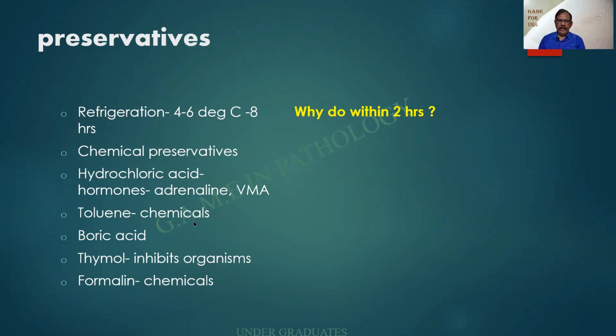Toluene for chemicals. Boric acid. Thymol, it inhibits the growth of organisms. And formalin for all chemicals. So this will be the list of preservatives you people should know, and I've also written it in my record. And why should you do it within 2 hours? Because of the decomposition, the precipitation of unnecessary crystals, and so on.